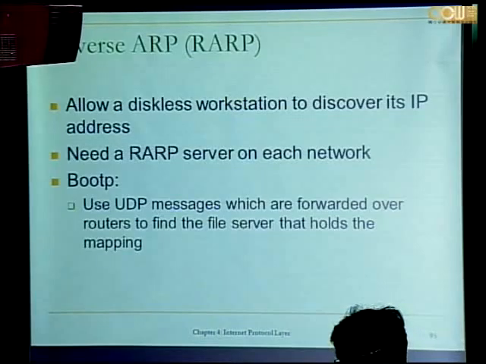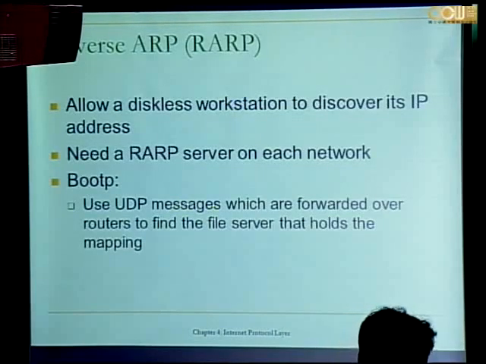And if the destination is not in the same subnet, then I will send a packet to the default router, right? But I know the IP address of the default router. But do I know the MAC address of the default router? No, I don't. So I need to send an ARP request.